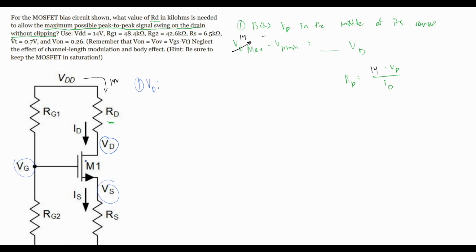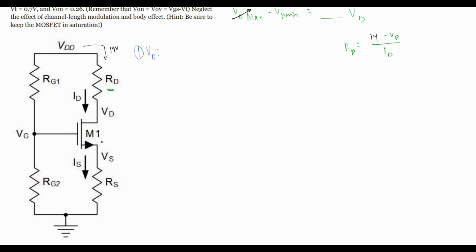So we could look at this node, however it's a little bit different and we're not going to actually do that. That was the first thing I thought of, but the next thing I thought of is actually looking at the circuit. Looking really closely at this circuit, we have our VD here, the voltage that we want to find. We know we have some source voltage here, and then we have this resistor value, and we also have this resistor value.